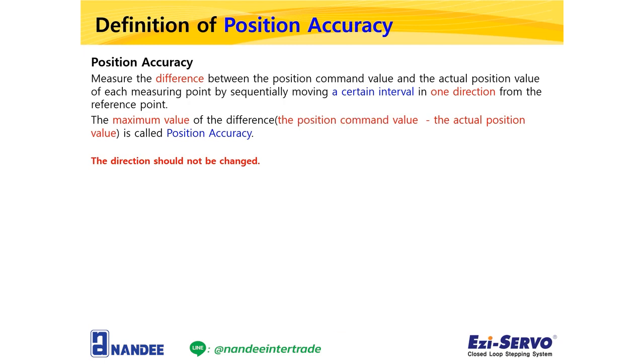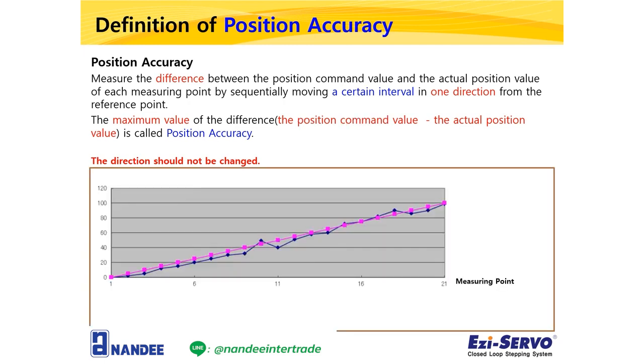For example, please look at the graph here. The horizontal axis refers to the measuring point. And for the vertical axis, the pink graph refers to the commanded position value, and the blue graph refers to the actual position value. Please look at the 11th measuring point.